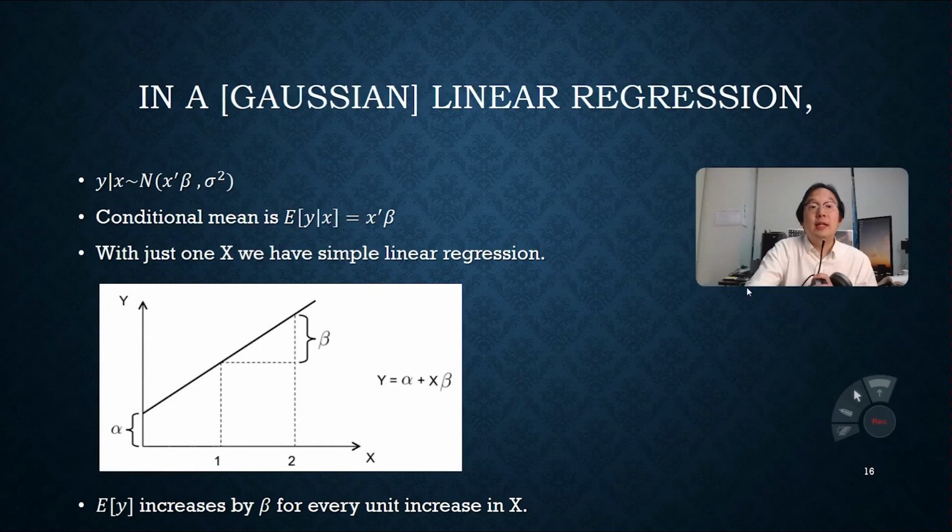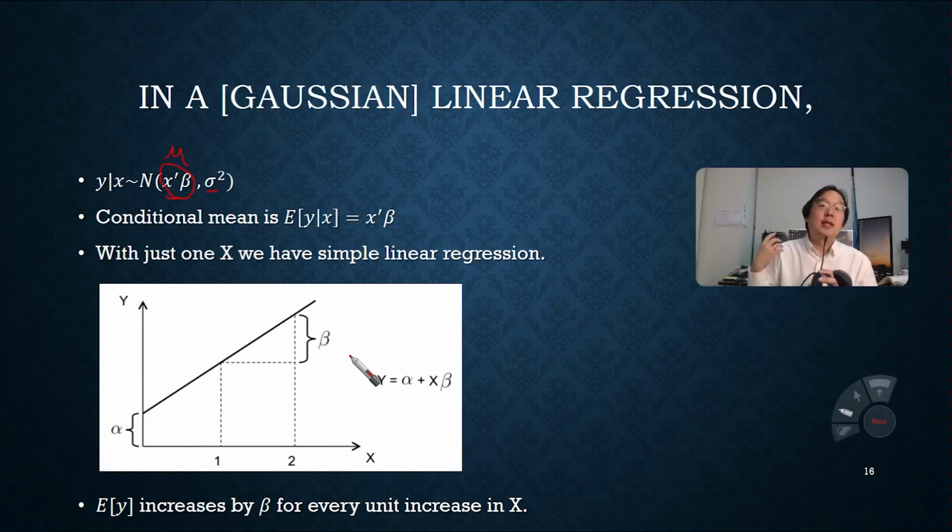Now, in a Gaussian linear regression, right, Y given X should have a normal distribution whose mean should be your predicted value, X beta, right? X times beta showing up again. That's the mean, what we call mu, right? And then the standard deviation being sigma, right?